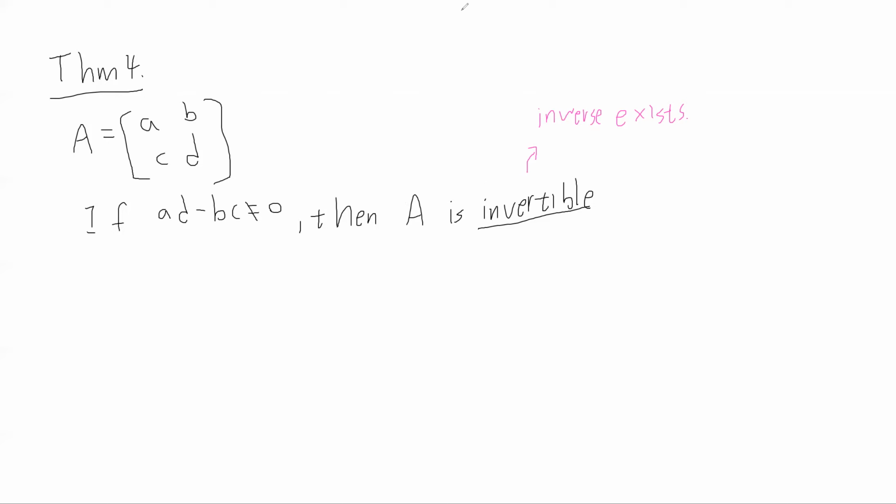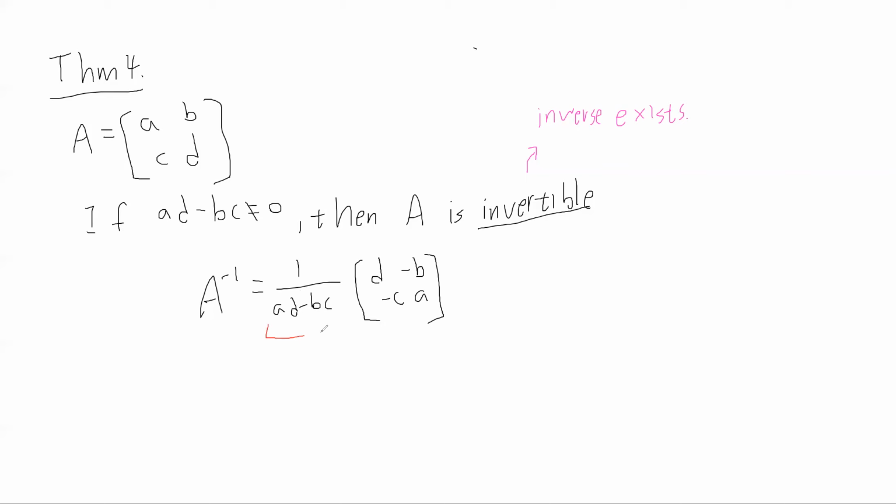And this theorem is very nice. It also tells us what the inverse is going to be. So A inverse is going to be 1 over AD minus BC multiplied by the matrix D, negative B, negative C, A. Okay, so let's analyze this a little bit.